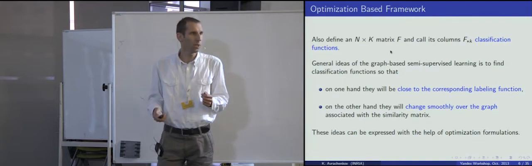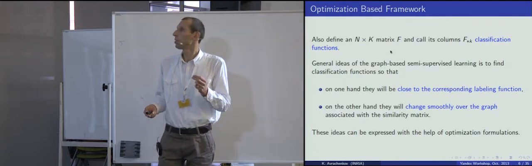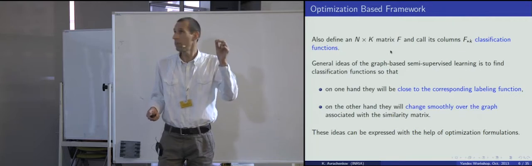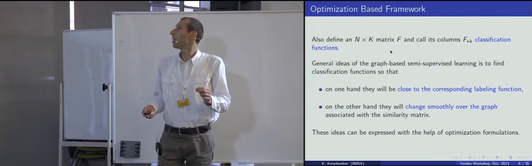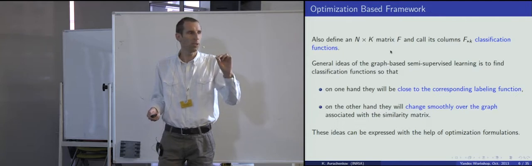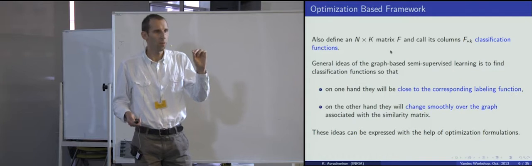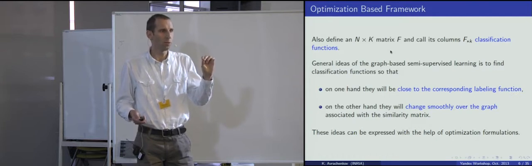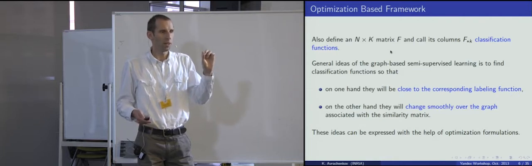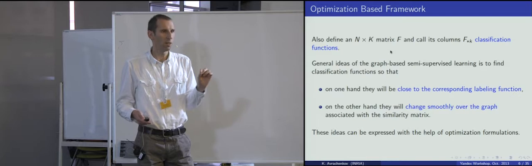We also have classification functions f. Each f_k vector indicates in the ith position to which degree the ith element belongs to class k. So if f_ik is significantly large, this means that element i is very likely to belong to class k.